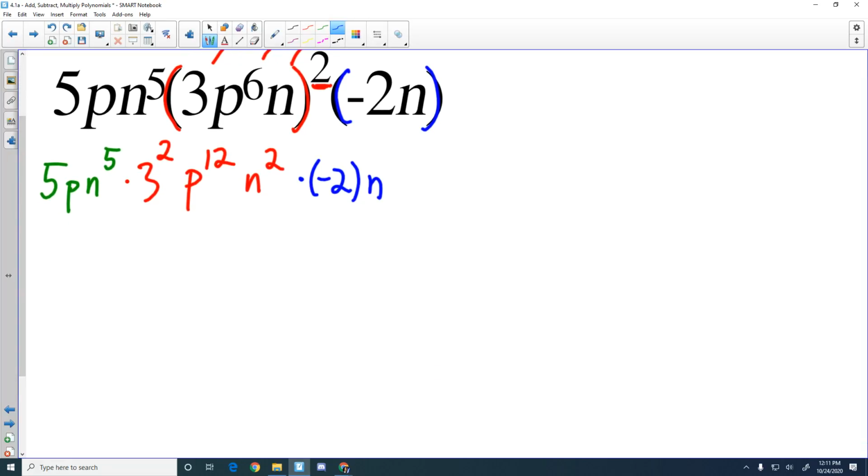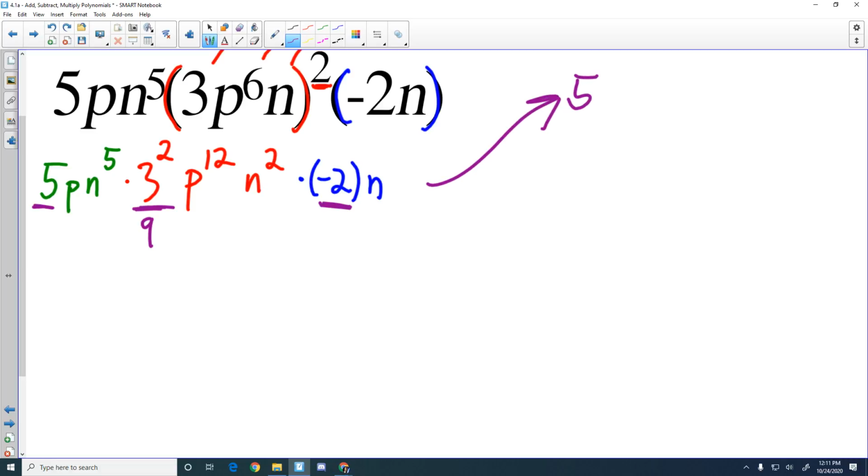So we've got a bunch of coefficients, a bunch of p's, a bunch of n's, and so we're going to combine everything. First off, I'm going to take 5 times 3 squared, and we know 3 squared is actually 9, and a negative 2. So those are all of our coefficients. We want to multiply them all together, right? So let me do this over to the side here.